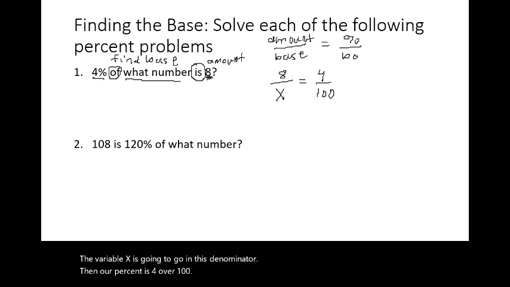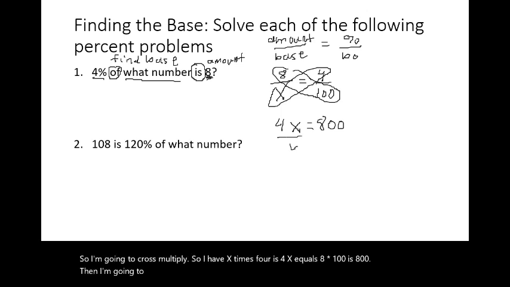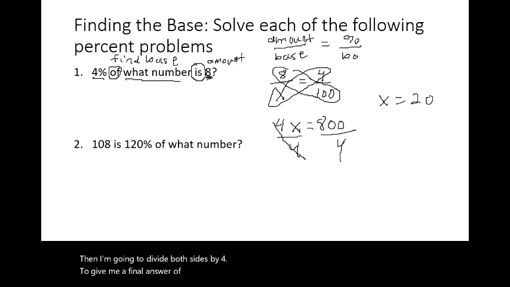So I'm going to cross multiply. So I have X times 4 is 4X equals 8 times 100 is 800. Then I'm going to divide both sides by 4 to give me a final answer of X equals 200. So 200 is what you started with before that 4% was taken.